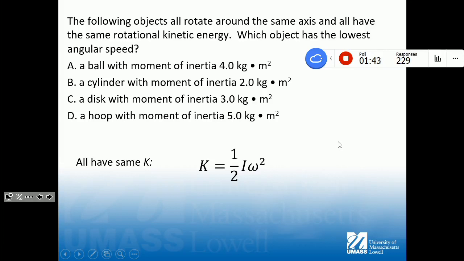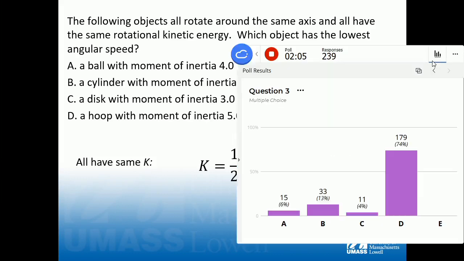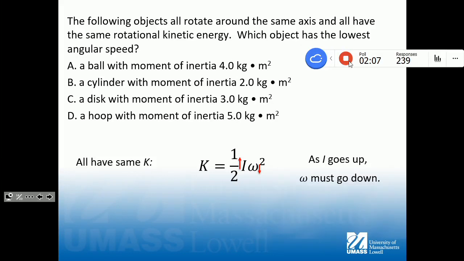Since K is constant, as I goes up, omega must go down if K is fixed. So since in this case all these objects have the same rotational kinetic energy, the one with the greatest inertia must be spinning the slowest.